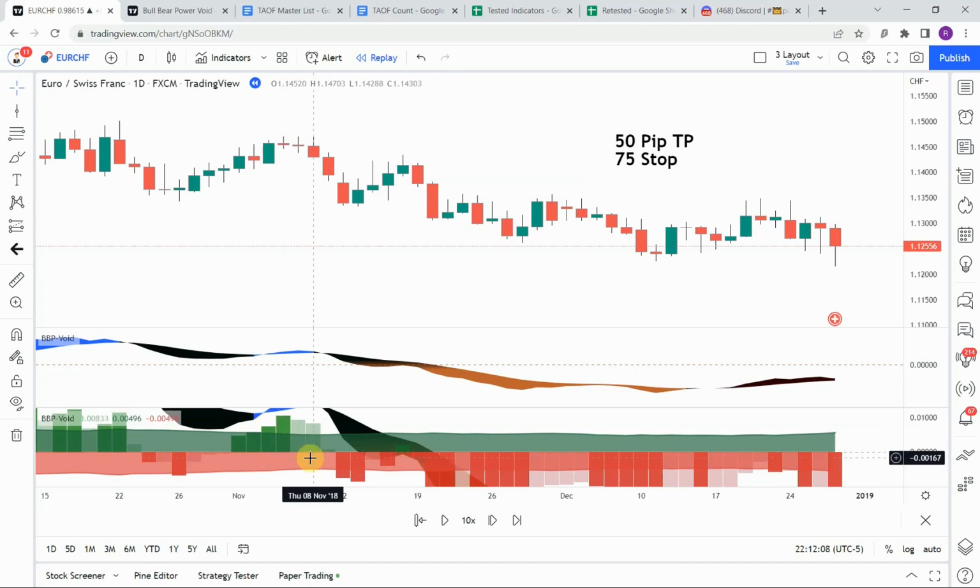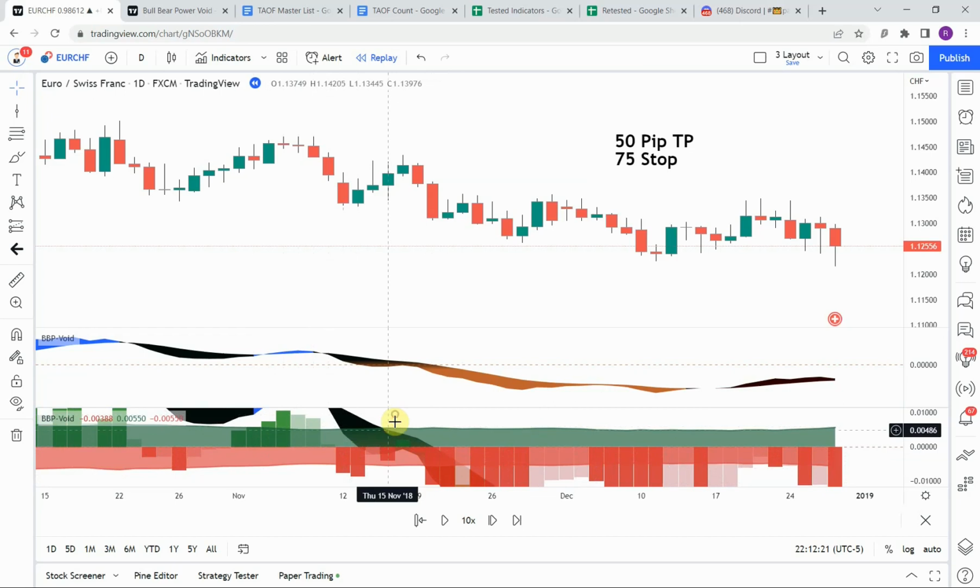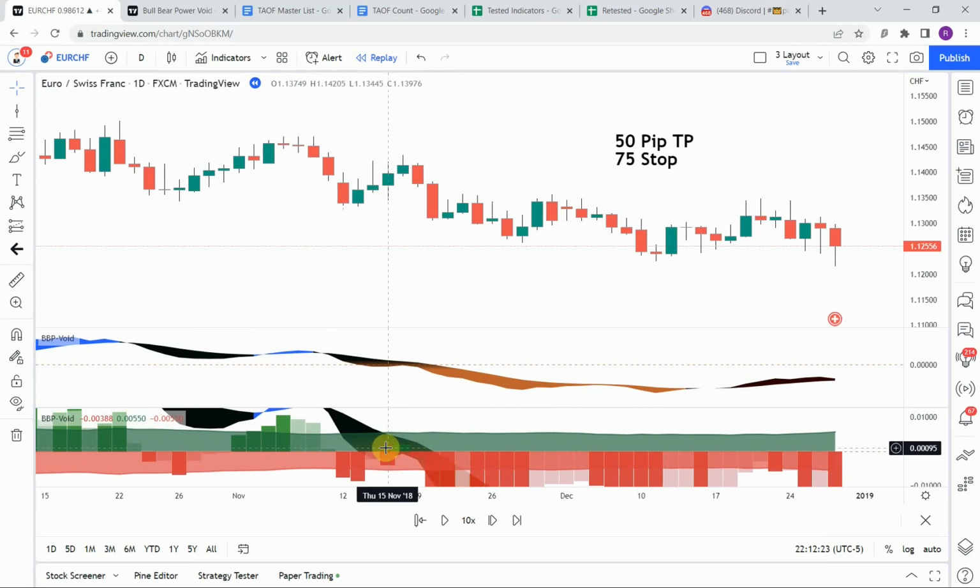This is what they called the void. The creator of the indicator called this the void. And so when these bars break out, the green ones to the upside, the red ones to the downside, that's kind of our first signal that we're looking for to enter into a trade.